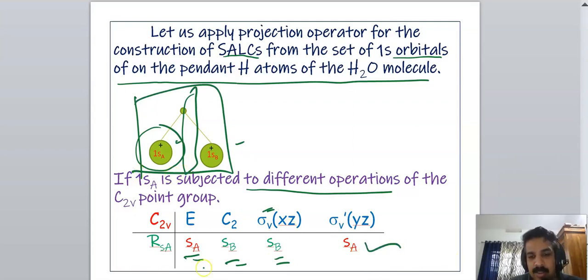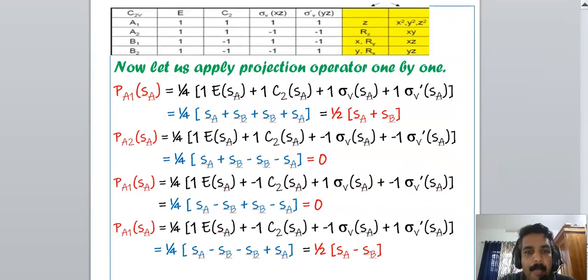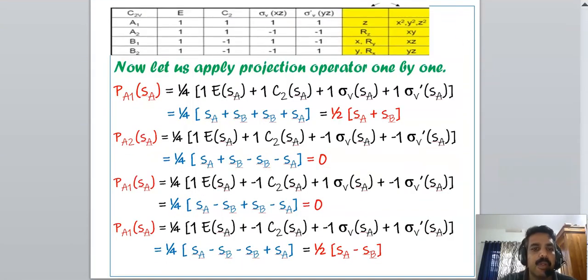This is the change in the wave function; the orbital is actually a wave function, changed by applying the symmetry operation on the 1sA orbital. Now apply the projection operator one by one.